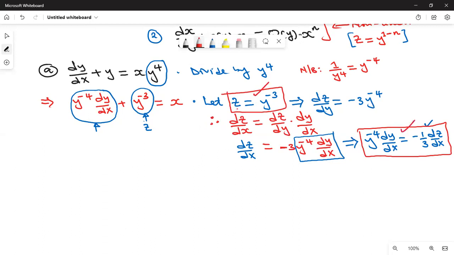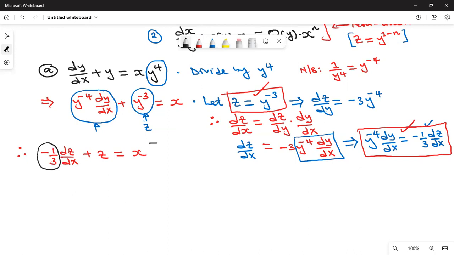So therefore, this equation can now be written as: here we have negative 1 over 3 dz/dx. The other one is z is equal to x. But you must ensure that the coefficient of the highest derivative is 1. Instead of negative 1 over 3, let's make it 1.